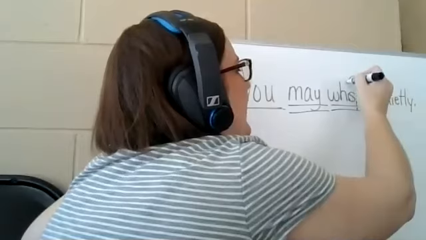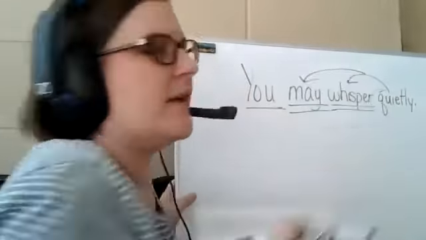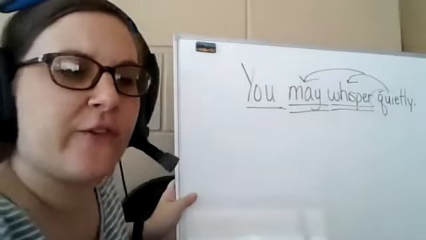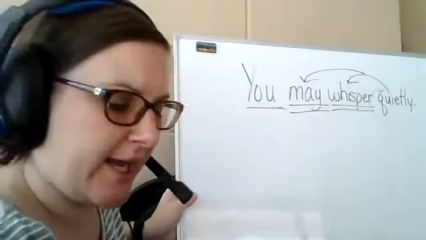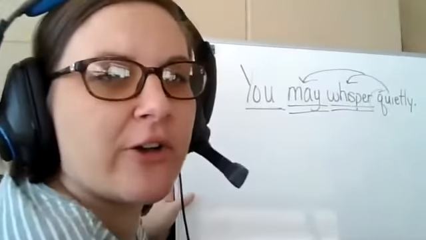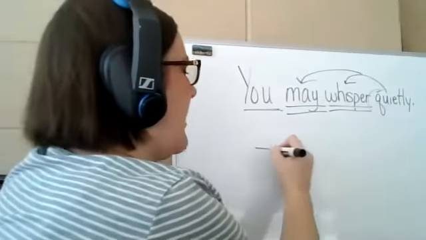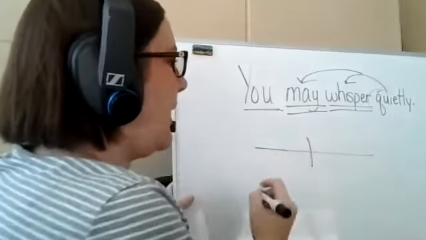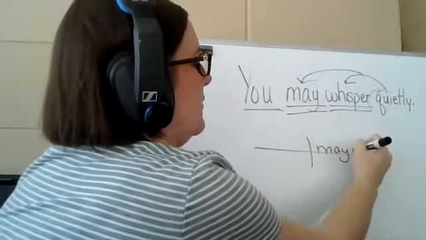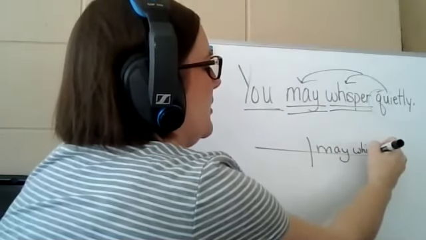So I may whisper quietly. So I have all my parts. You do not have to underline in your test tomorrow, but I sometimes suggest that because then you have all your parts. So here's my line. I'm going to do my verb, may whisper.